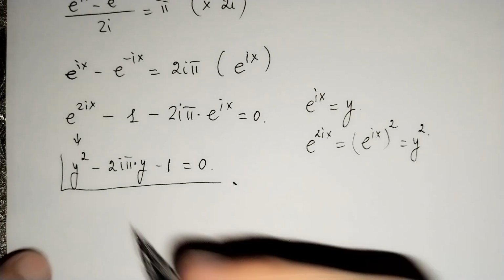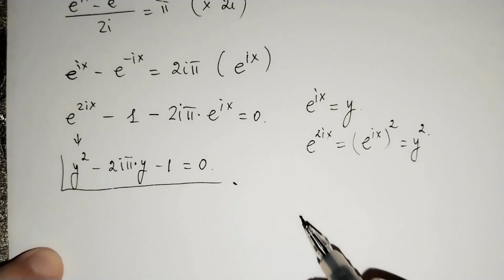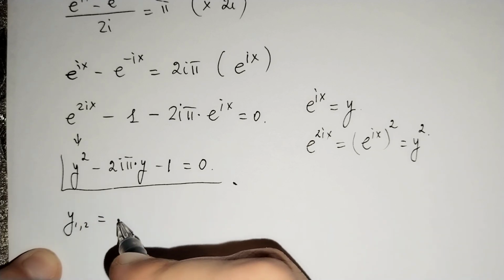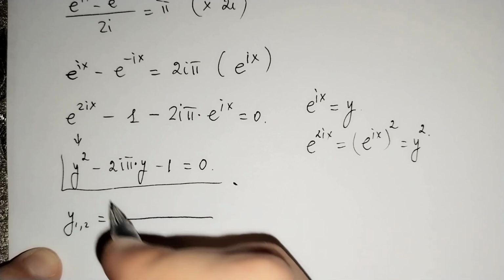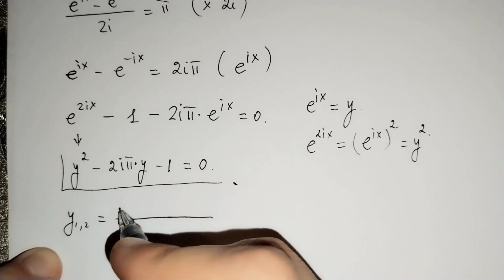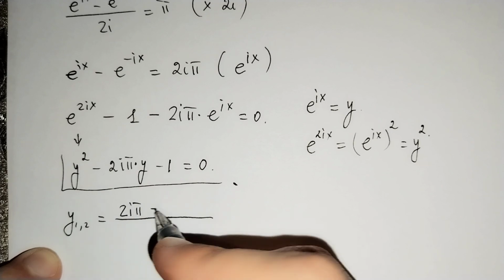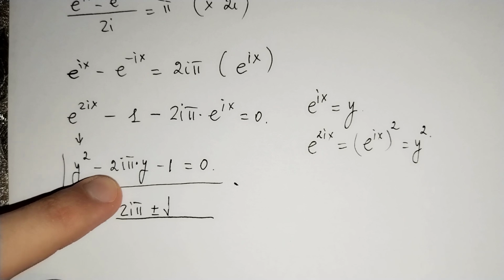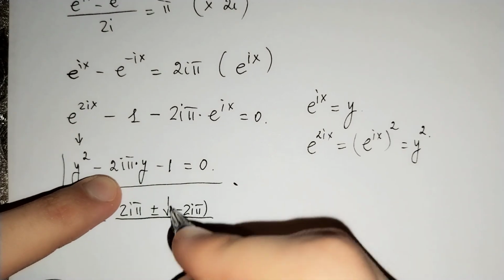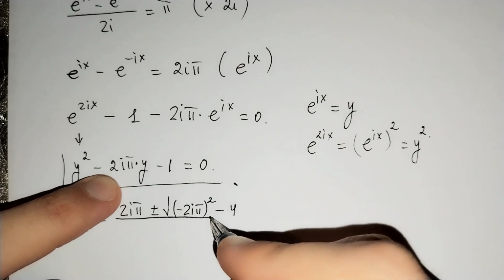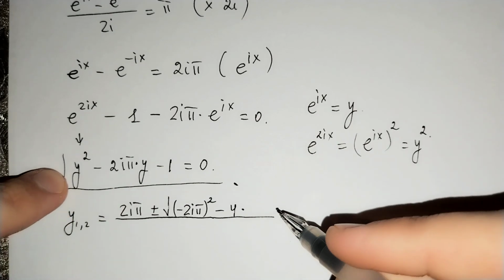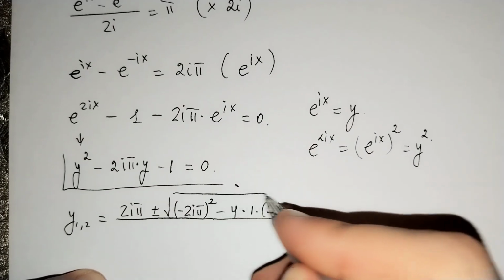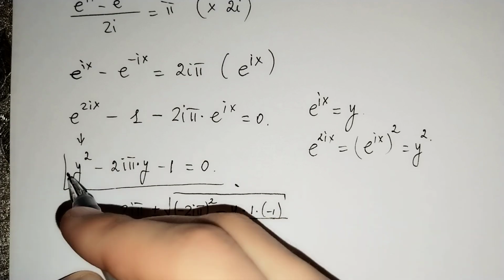We know the formula for the quadratic equation's roots: y1,2 equals minus b, which is 2i pi, plus minus the square root of minus 2i pi squared minus 4 times a and c, 1 times minus 1, over 2a.